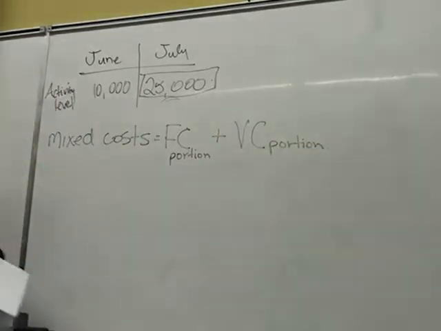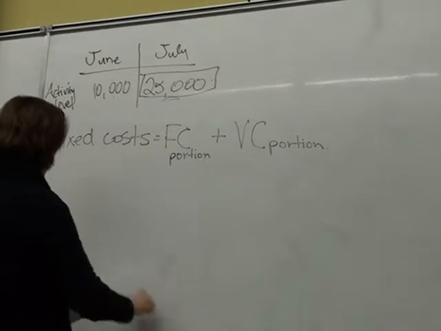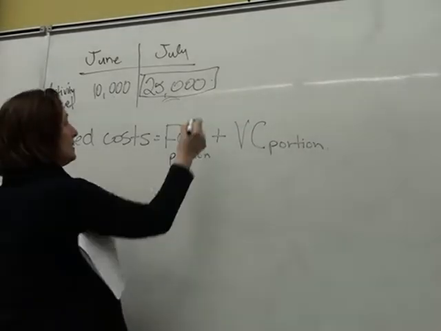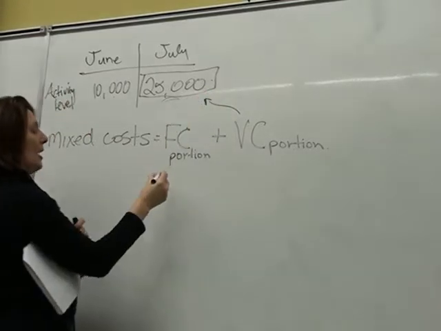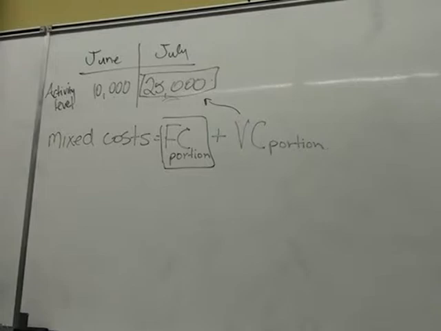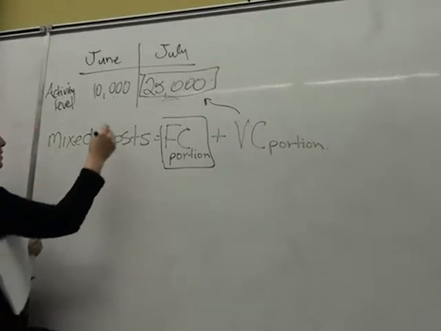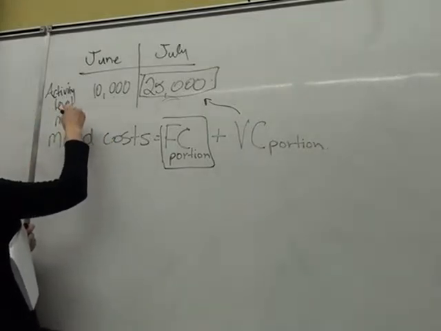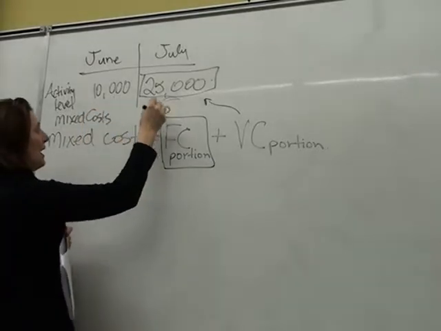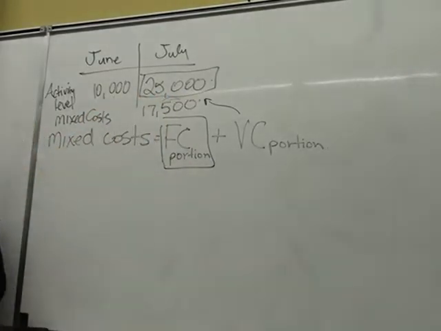Right? So obviously the variable cost portion depends on the number of units that are made. So somehow that ties into here. And then you have to decide this part. So you're trying to figure out for the July mixed costs, which we figured out were 17.5, what the variable portion is, okay?